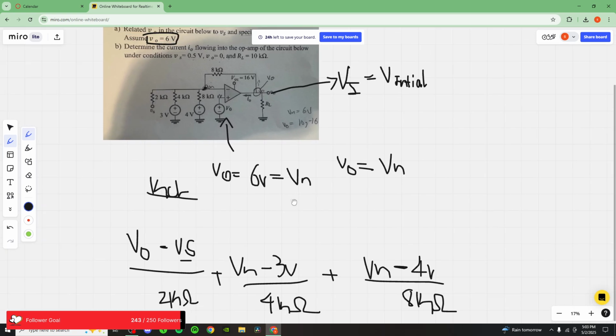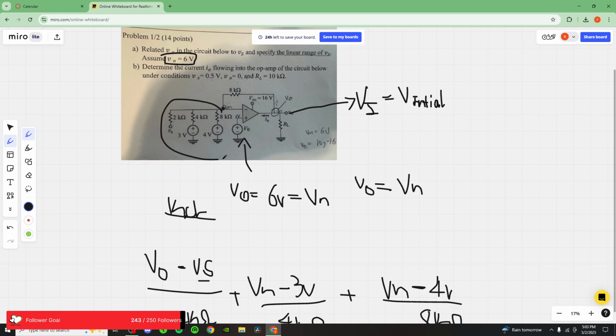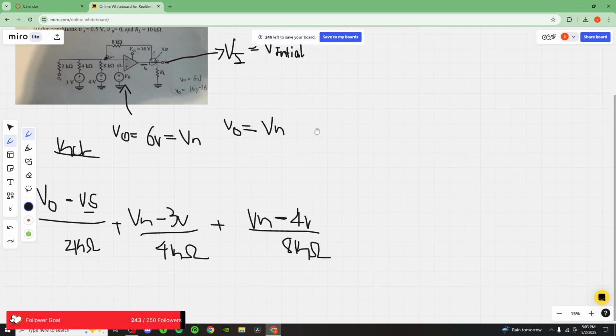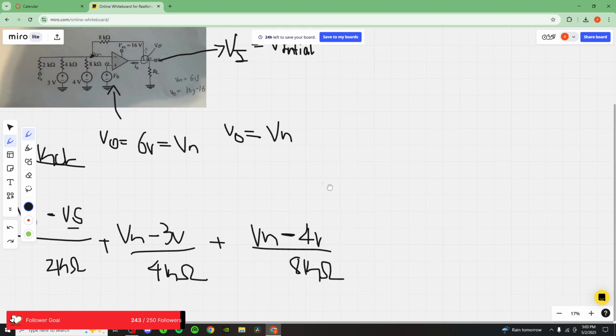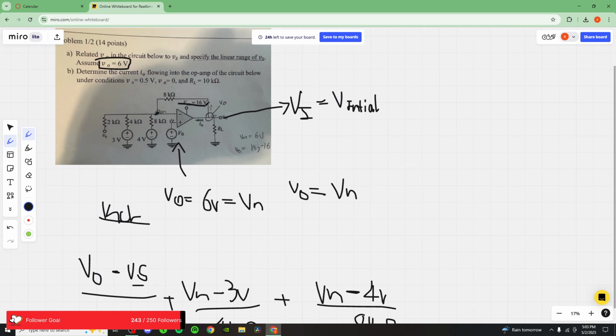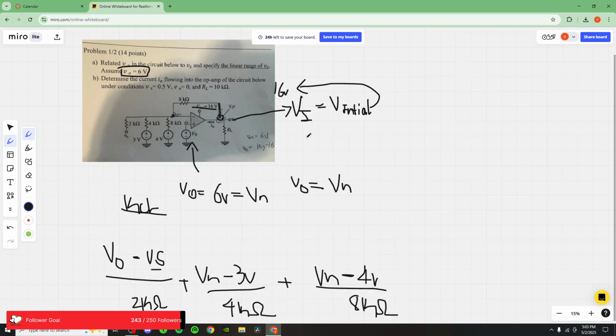So you've got everything on this part of the circuit, but you also need this right here. It tells you that this voltage right here is 16 volts, so V initial is actually equal to 16 volts.